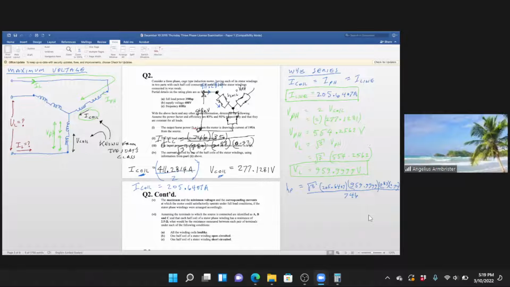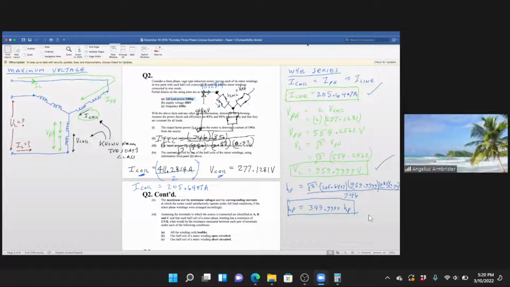Yes. Perfect. Look at that. 349.9999 horsepower, which is the rated horsepower. So this machine at this current and this maximum voltage develops the same horsepower. Yes, that's how you do it.